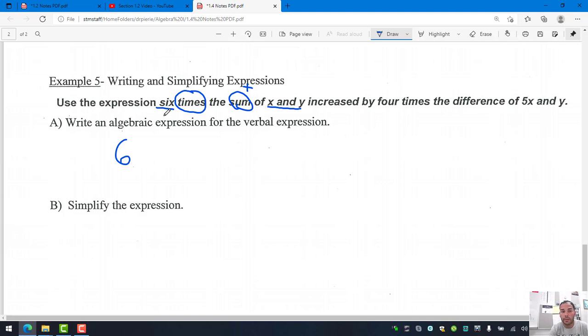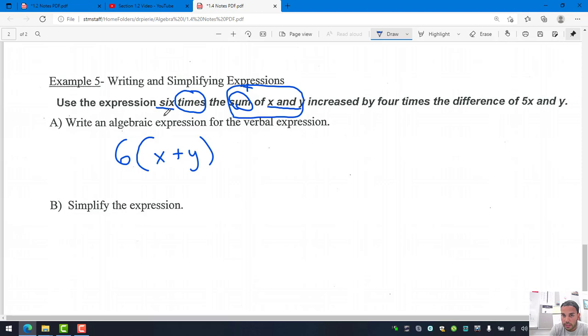This entire thing in here is what I want to multiply by 6. Now, how do I write that? Because I want to multiply this entire expression by 6, I need parentheses. So in my parentheses, because it's sum, it's addition, x plus y. That is the first part of this long expression.